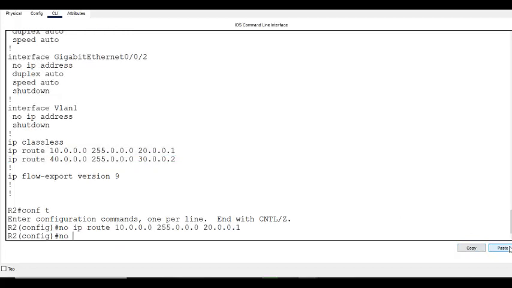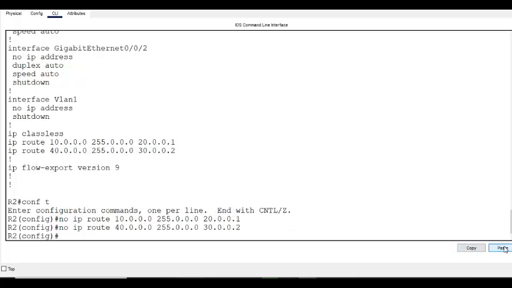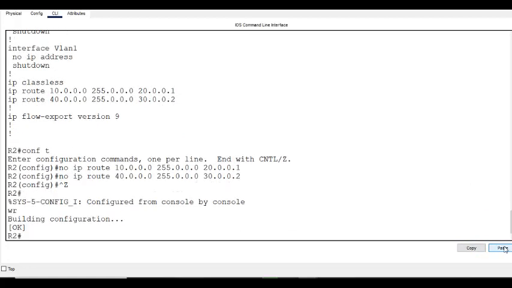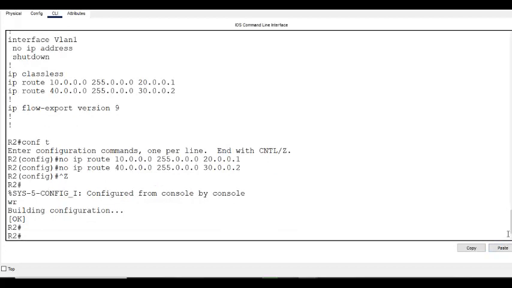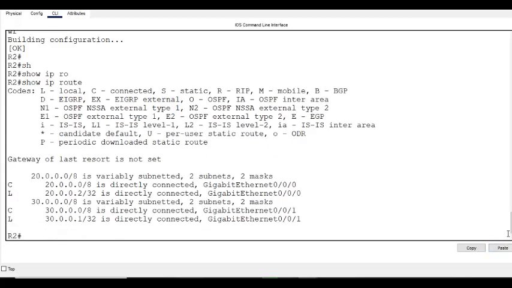Move on to router 3. Show IP route. See, there is one default route. This also you can remove like that. Show run, you first type, and then down, down. By pressing space bar, you can come here.